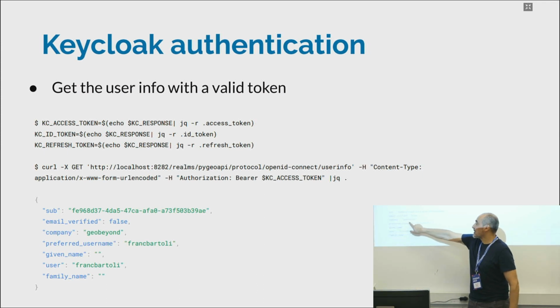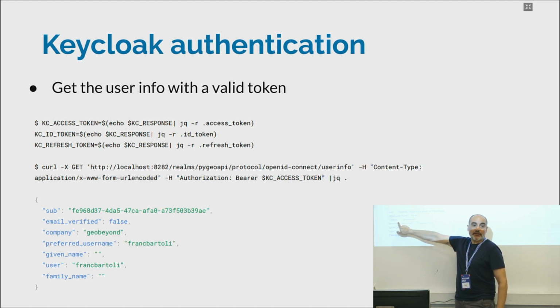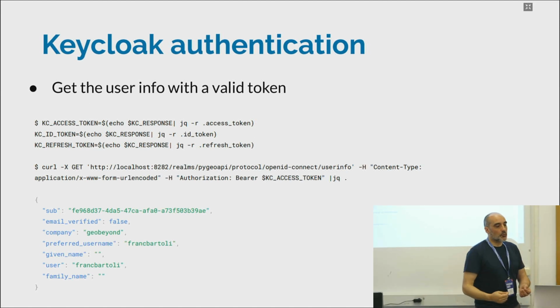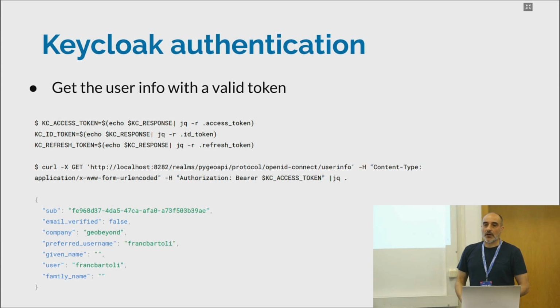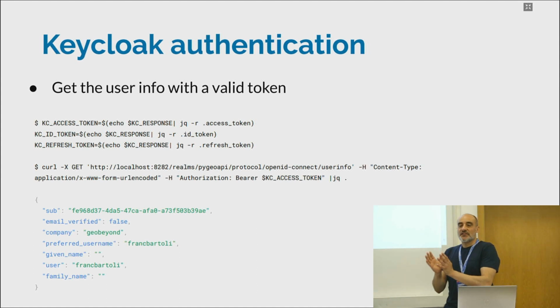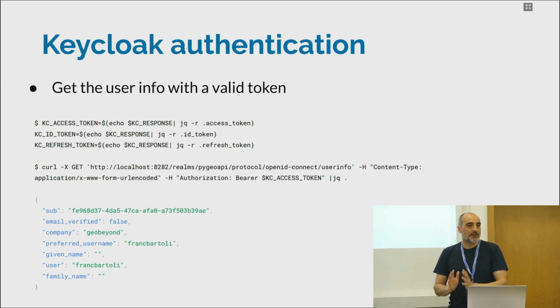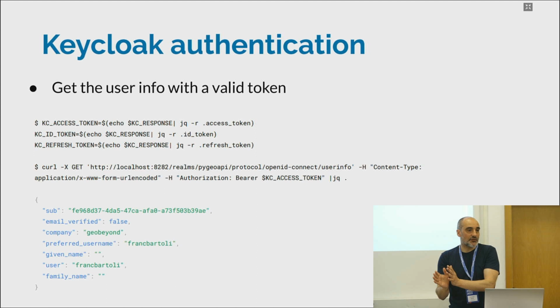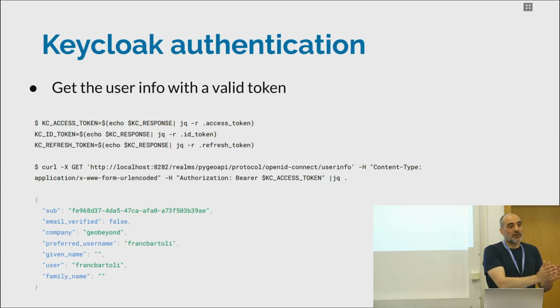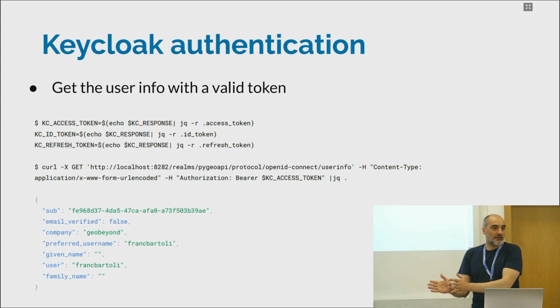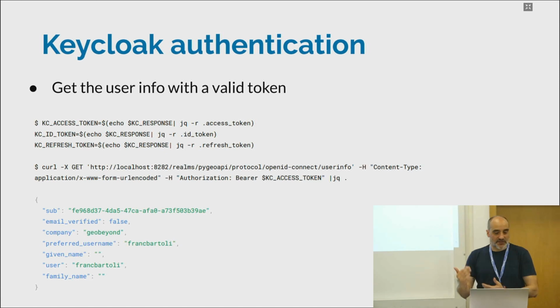One is the company, a user attribute that we offer in the playground to test how a specific user from a specific company can access a specific collection in pygeoapi, while it will be denied for the rest of the other collections, and vice versa.